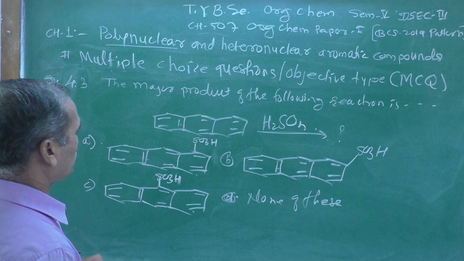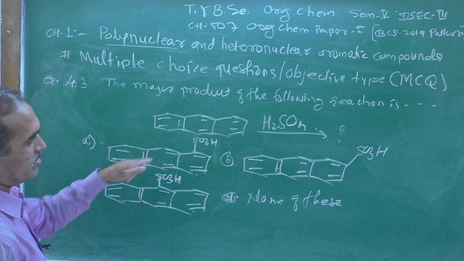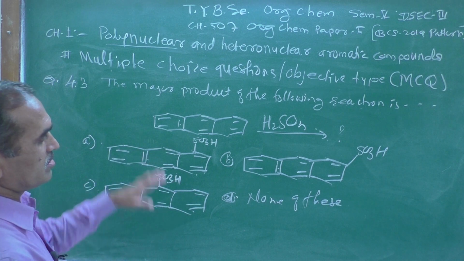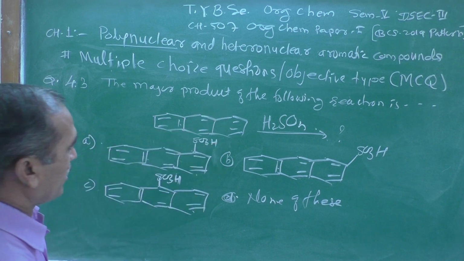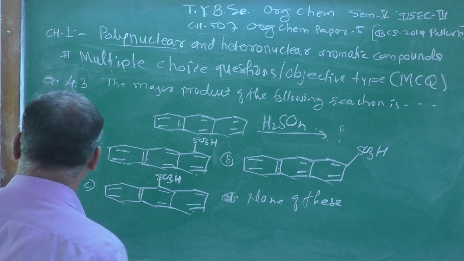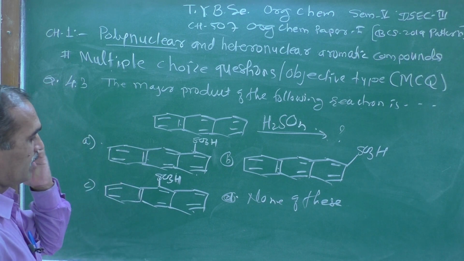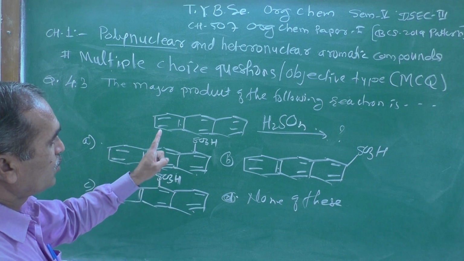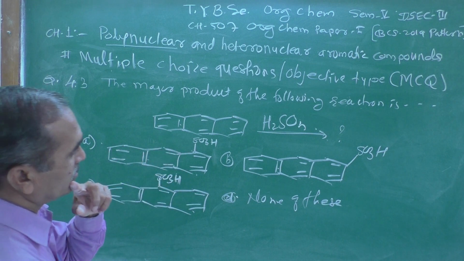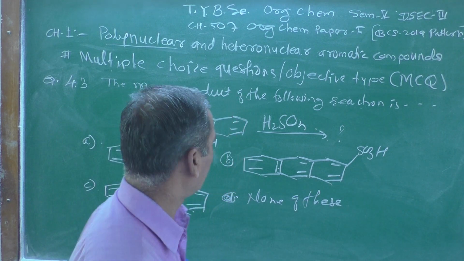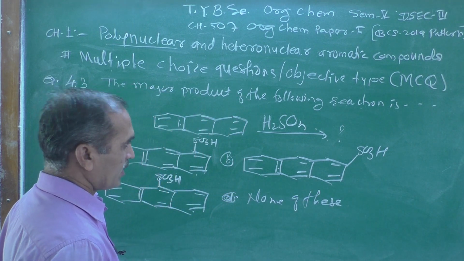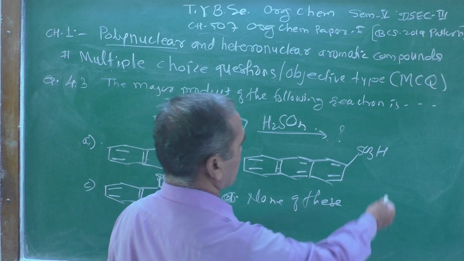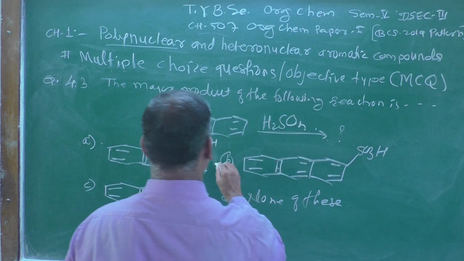But in the case of sulfonic acid, with H2SO4 this is a plain sulfonation reaction, which occurs mainly at the beta position. So the SO3H group goes to the beta position, and B is the right answer.